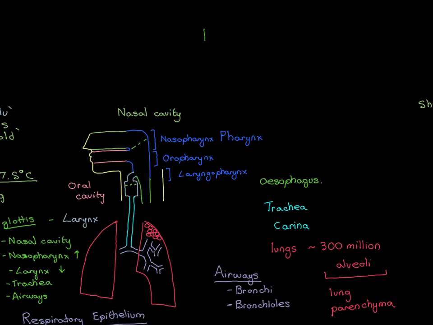So, for short, respiratory tract infections are often abbreviated down to RTIs, standing, of course, for respiratory tract infections. And this is any infection of the respiratory tract. So any bit that we've looked at here, an infection of the nasal cavity, the pharynx here, the larynx, the trachea, the airways, or the alveoli, all of those are called respiratory tract infections, RTIs.